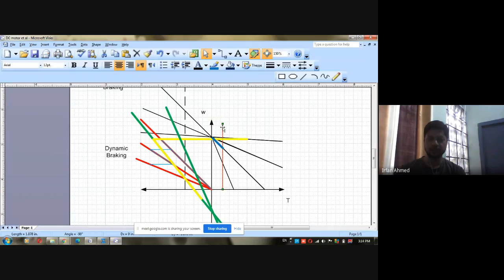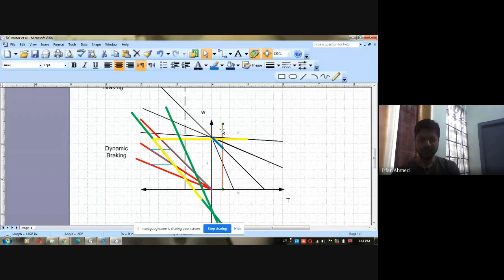Let us say it is a crane that has to lift the load upwards. Suppose this is the value of load torque, and this is the characteristic on which the motor is operating for some value of armature resistance. So for this value of load torque, the motor will operate at this point.